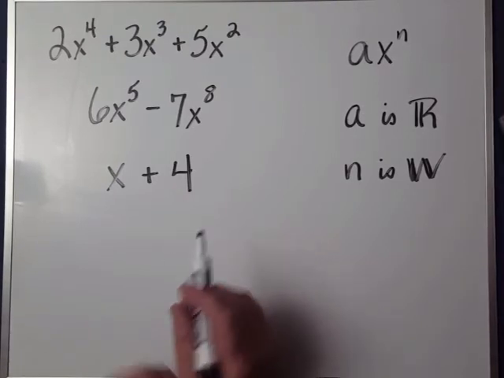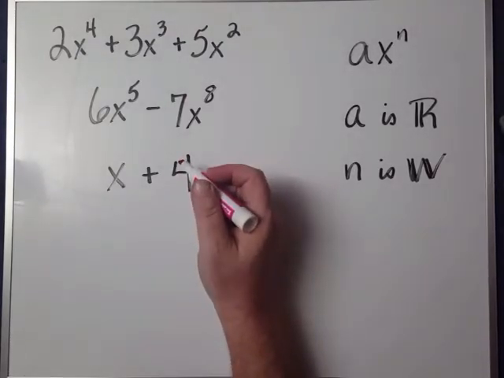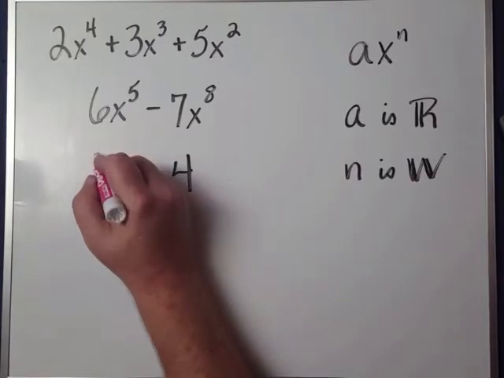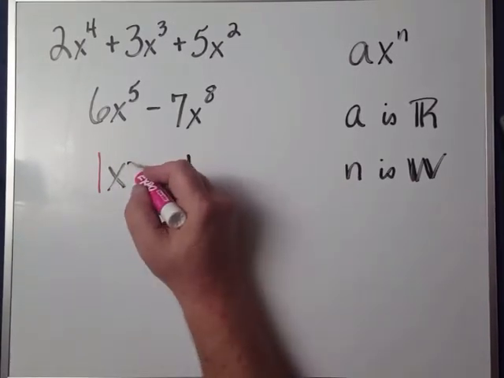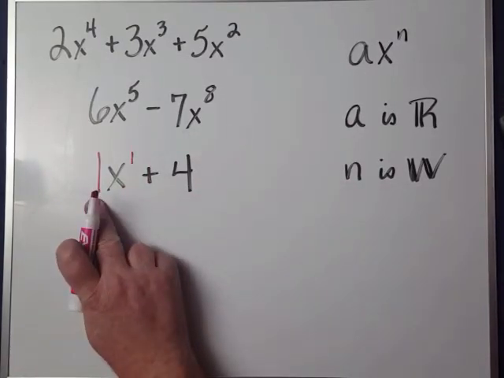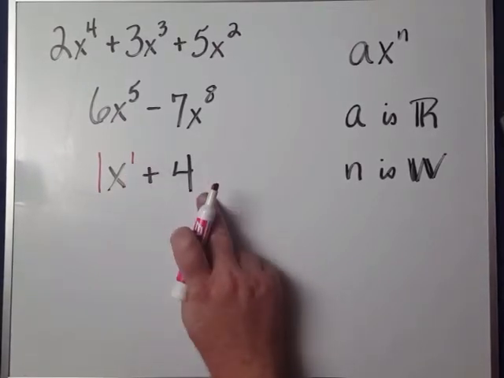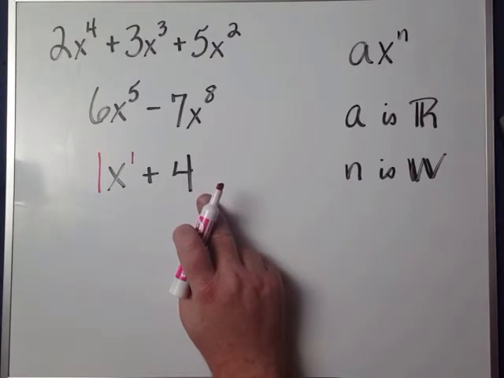And the answer is yes, they do, because of the things that you cannot see. What's the coefficient on this first term? Coefficient is 1. If there's just a single x by itself, what's the power on that x? That's x to the first. 1 is real, and this power 1, that's a whole number, so that works. What about this term? If there are no x's, how many factors of x are in this term? 0.